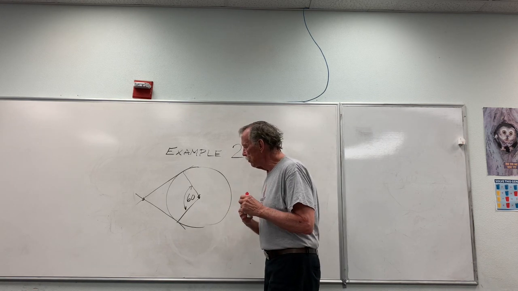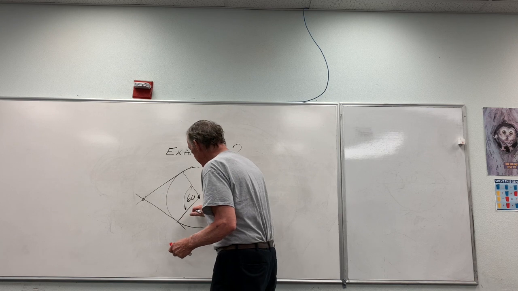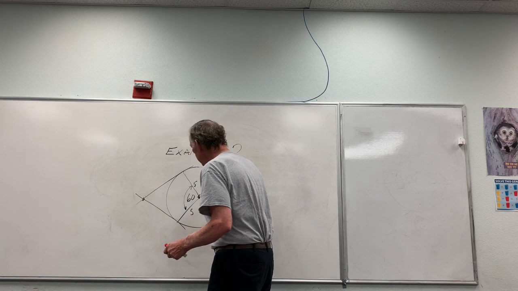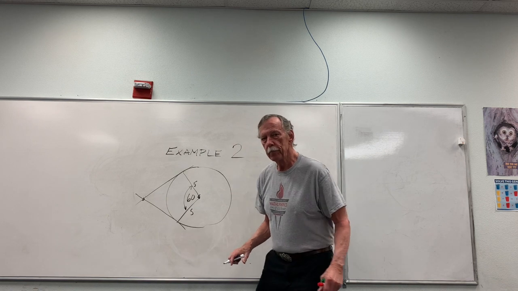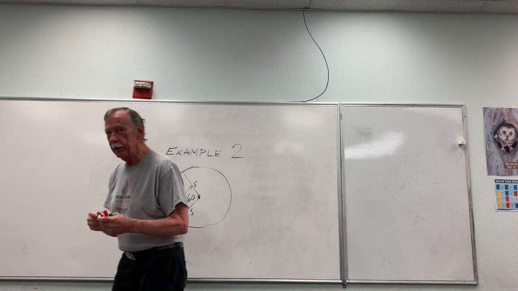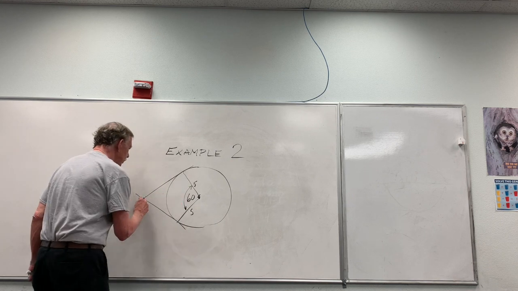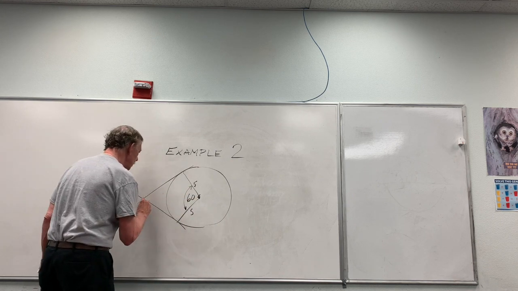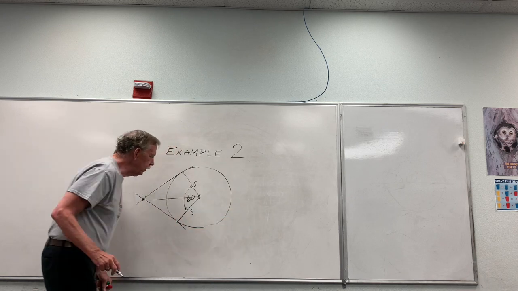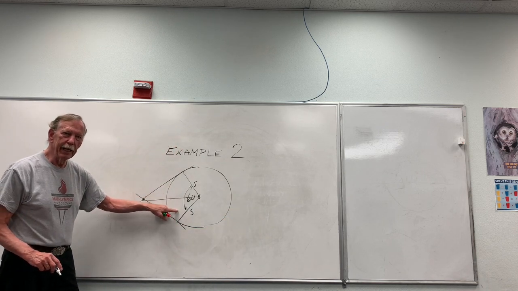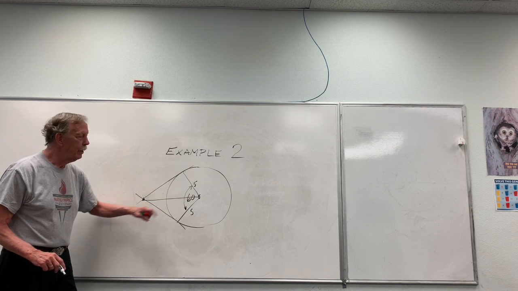If I make this central angle 60 and the radius 5, then those radii are both 5, and I start to see relationships here, because when I connect this point to the center of the circle, I have created 2 30, 60, 90 triangles.